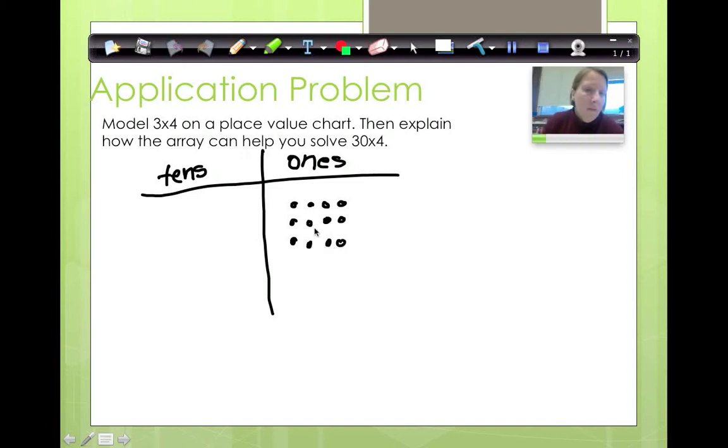This is how we would do 3 groups of 4. So I'm going to actually just write 3 groups of 4. Now we need to show or explain how the array can help us solve 30 times 4. In order to do that, what do I need to do to this array? I need to pick it up and move it to the 10 spot, don't I?